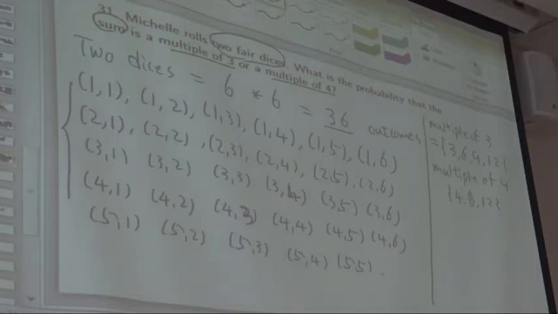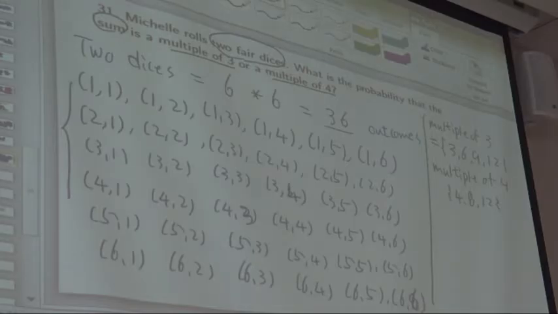What do you mean? 2 is the factor for it. Yeah, like you can't multiply 4 with anything. 6,1; 6,2; 6,3; 6,4; 6,5; 6,6.